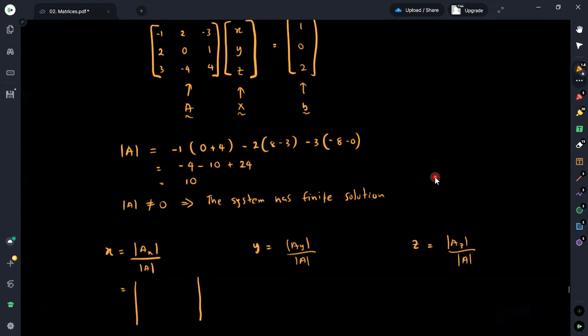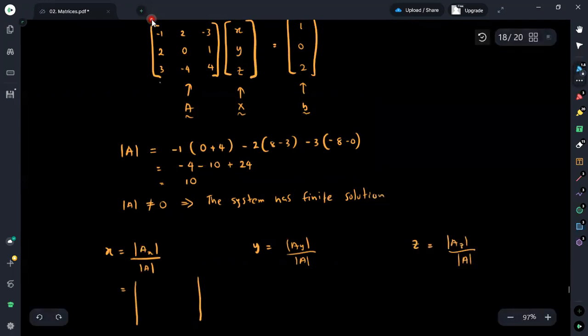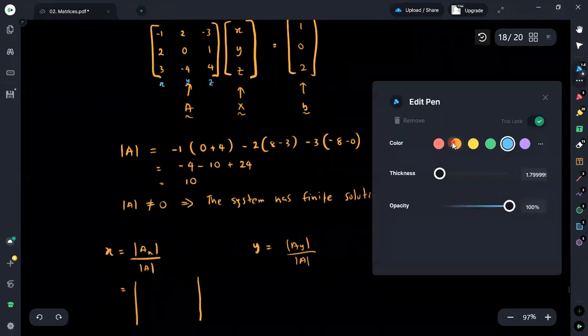We know the first column stands for the x variable, the second column for the y variable, and the third column for the z variable. Therefore, we can write down the values accordingly.